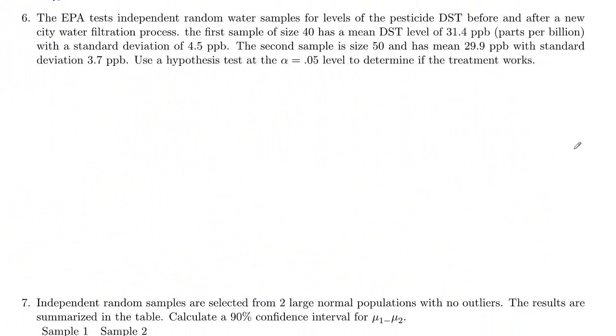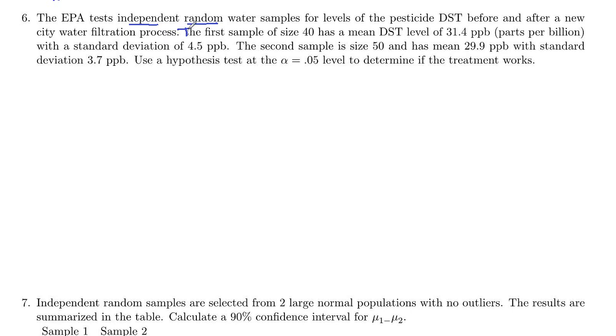And number 6, EPA tests independent random water samples. So we got random samples. They're independent for levels of the pesticide DDT before and after a new city water filtration process.